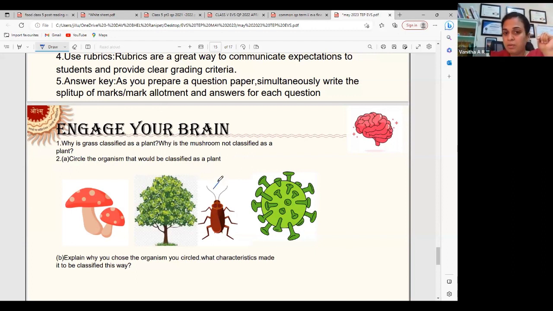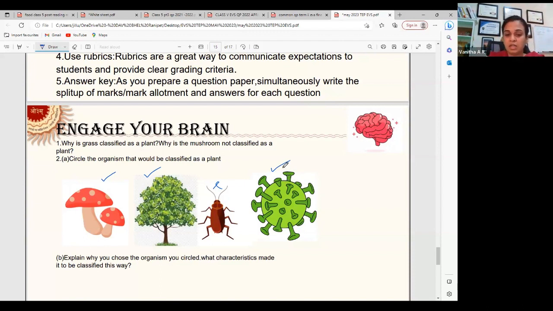So this cannot be a plant. I am doubtful whether this is a plant, because this is green in color. That's why I've given green color. Children might get confused and they may substantiate the answer also, because it is green, it can make its own food. Definitely they can go with that also.